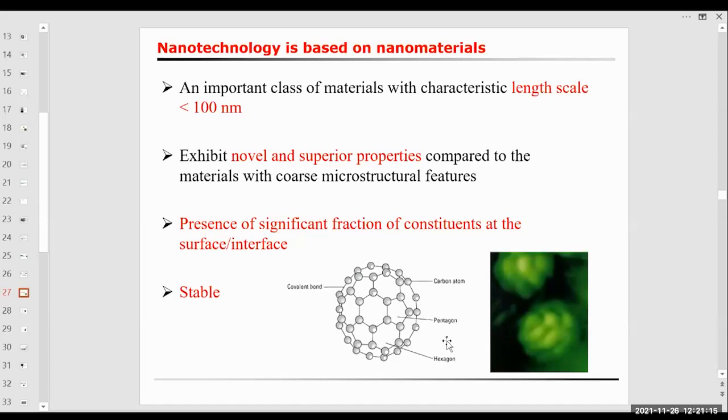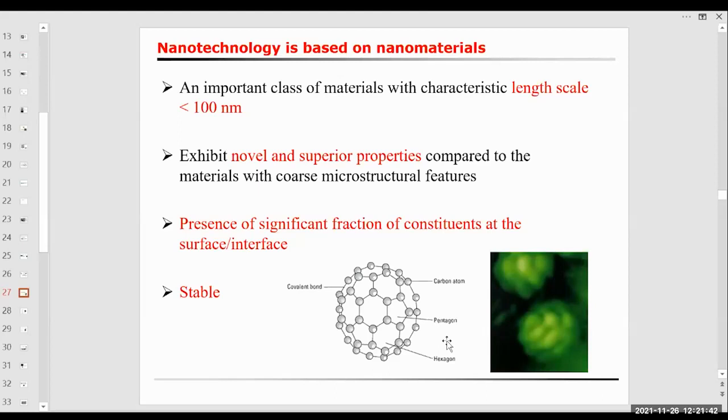There is a clear-cut difference between these three. So it can be any particle size or grain size or crystallite size or the diameter of a wire or the length of something, any feature. You can consider any feature, but you have to identify that feature. At least one feature whose dimensions are less than 100 nanometers. This is the first parameter to be satisfied.